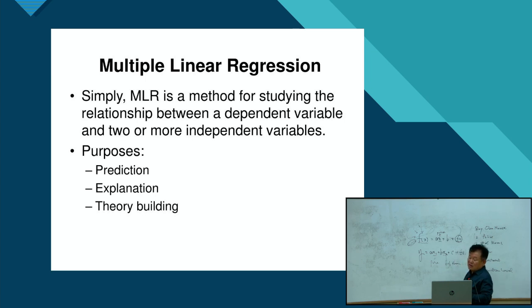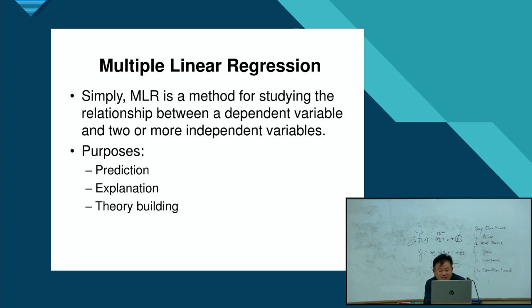So I want to buy my own home. It depends on price and number of rooms. Only two things, I think. This is for two independent values. What's the purpose? Prediction, forecasting the future.